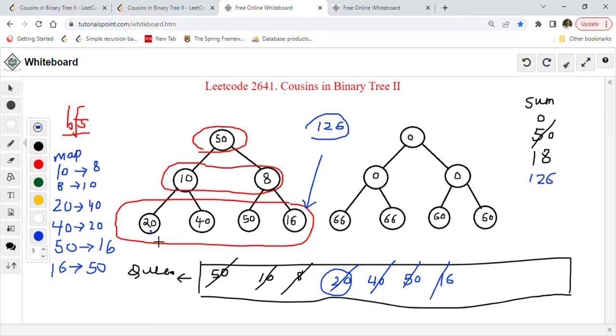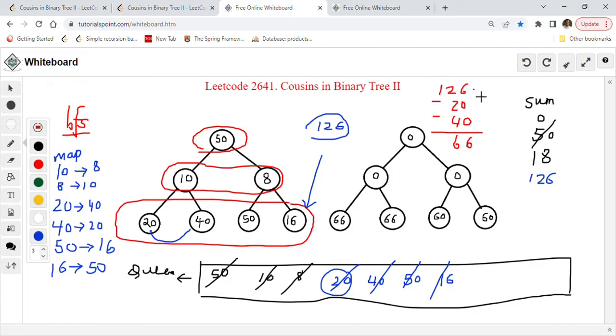So it means that you can find out the sibling sum, right? How you will find out sibling sum? Because if we know 126 is the total sum, I know the current node is 20. I know its brother is 40, so I will have to subtract them from 126. So I will get 66. Agreed? So this point is very clear, right?